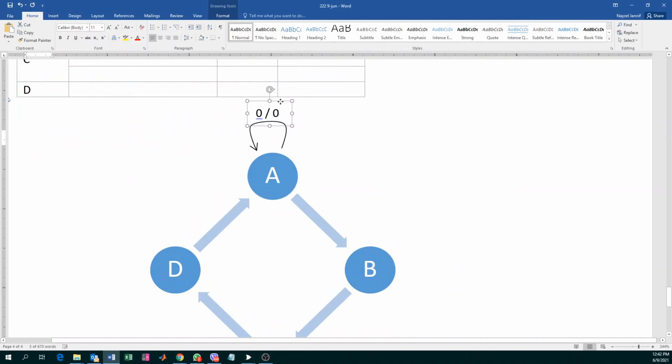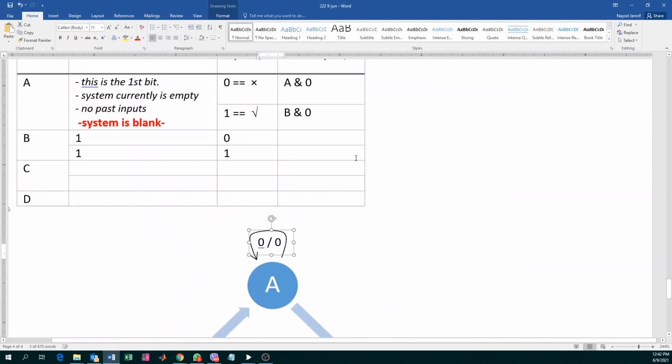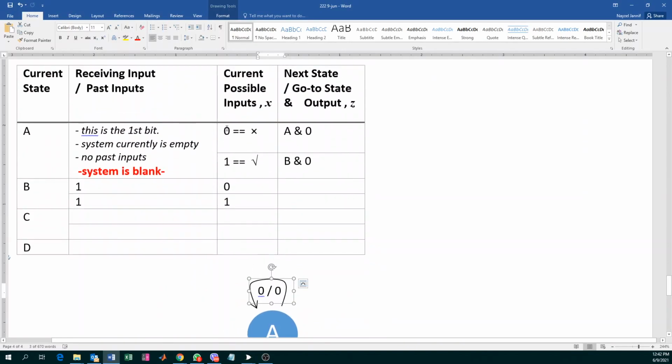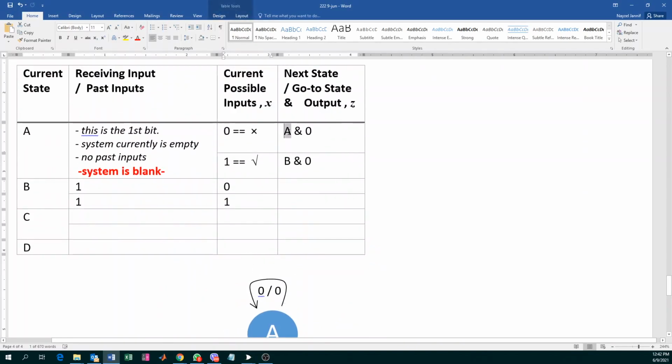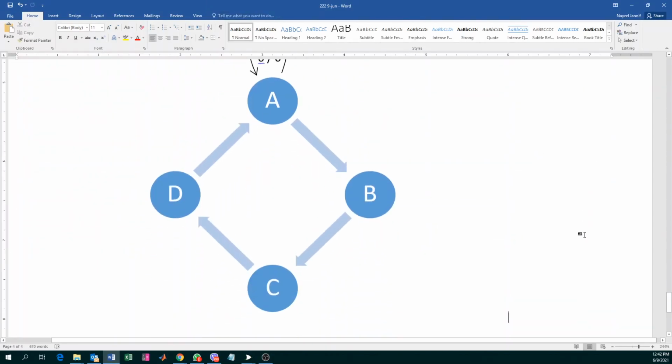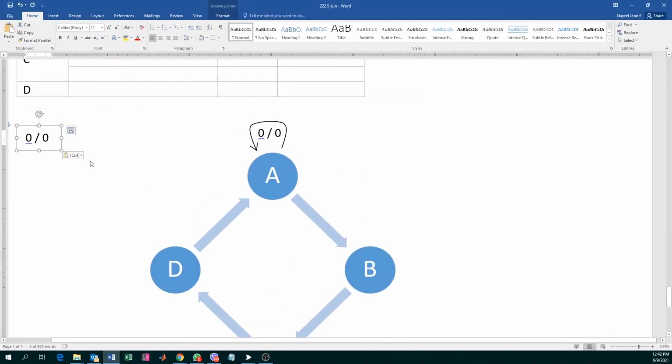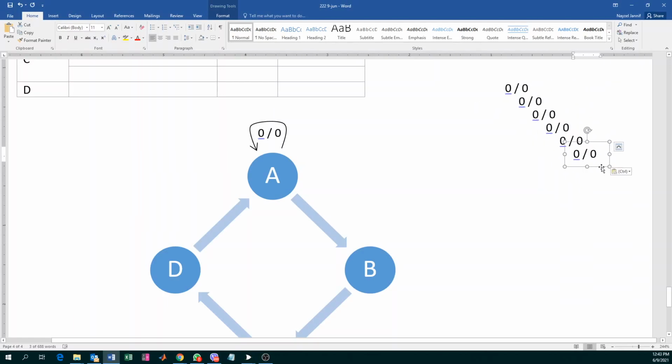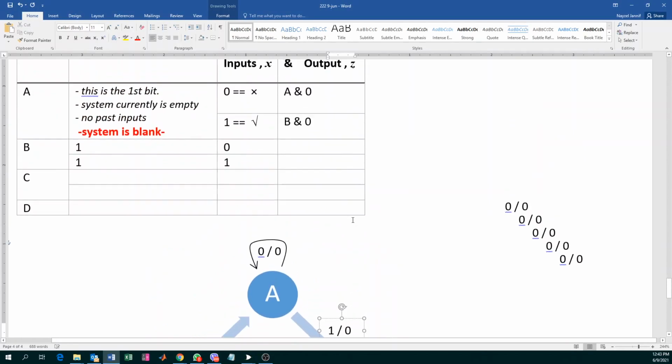There we go. So if we have input of 0, you still stay at A and your output is 0. That's correct. And if your input is 1, you move to state B and your output will be 0.